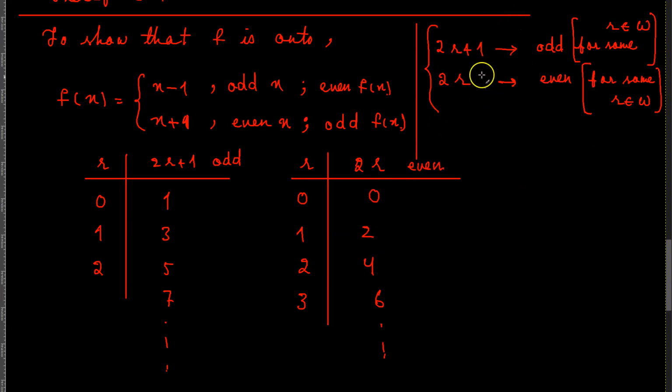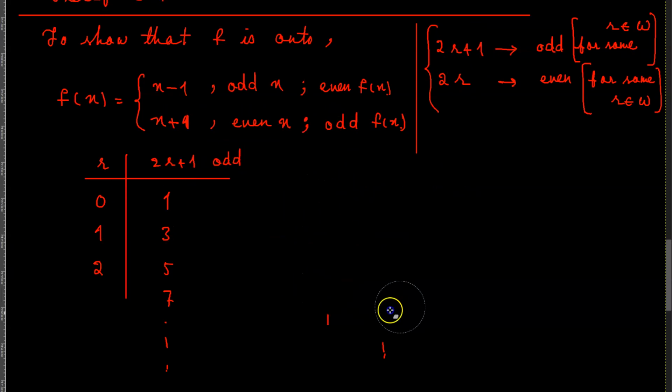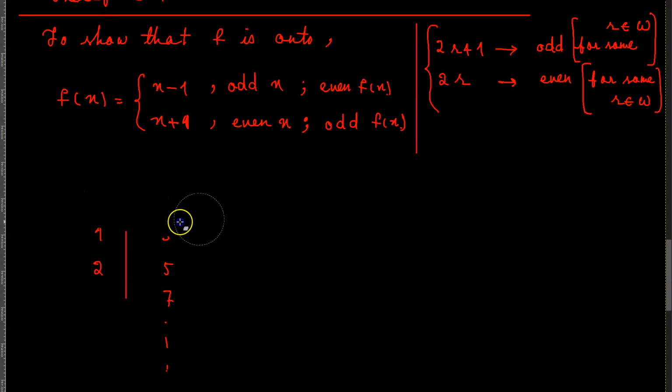So this way we will be able to talk about these numbers and use them in algebra, right? Otherwise I cannot write the words even and odd in algebra. That doesn't simply work for us.